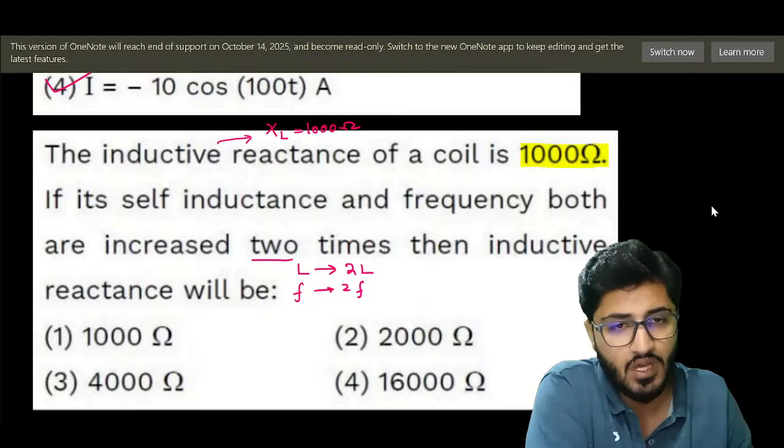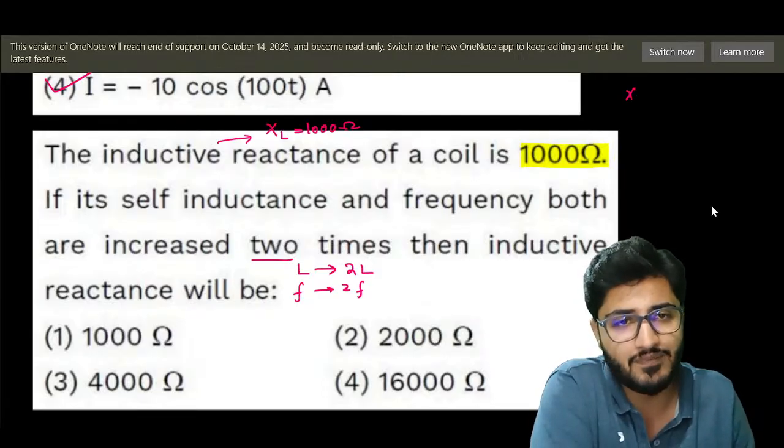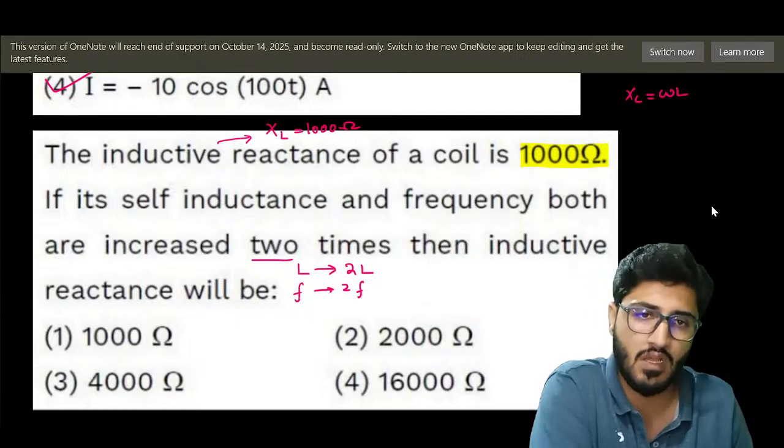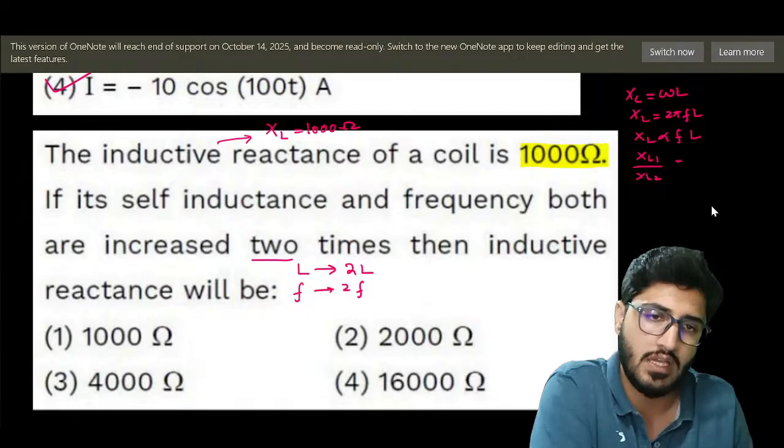Okay. What is inductive reactance? That is XL. Is it omega times L? Or XL equals 2 pi F into L? So XL is proportional to F and L. So I can write XL1 divided by XL2 equals F1 divided by F2 multiplied by L1 divided by L2.